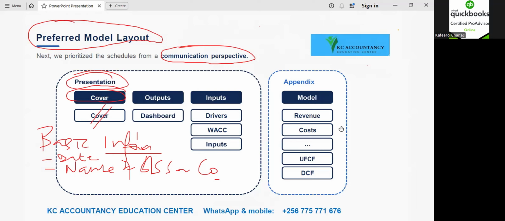It could also contain some legal disclaimers. And at some point you may find some model alerts.